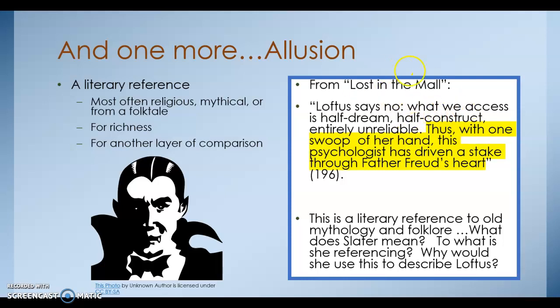That's the construct. And maybe you've dreamed them, so it's half dream, right? So Loftus doesn't rely on memories at all. Freud did, so maybe she is the vampire hunter that's putting this theory to rest, like a vampire, and burying it, right? And so that is your literary reference. It's interesting, right? So why is Loftus being described that way? It's interesting. So remember that that was Slater's choice to use that comparison. Certainly an interesting one. Okay, so allusions are literary references.